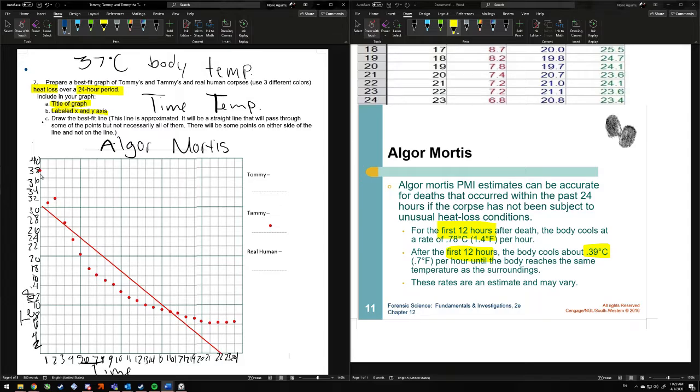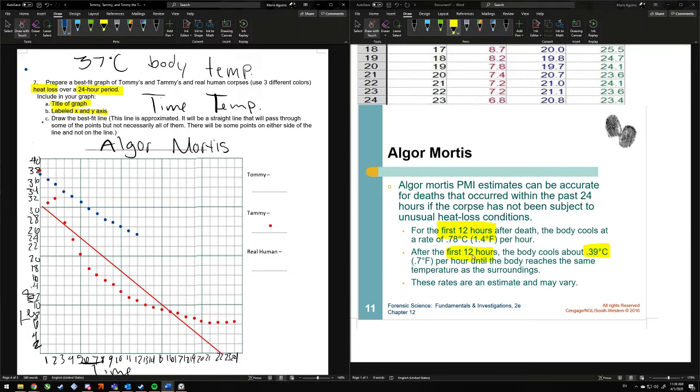Okay, so I'm going to start at 37. And for the first 12 of these lines, I'm going to subtract 0.78. So 37 minus 0.78, that's somewhere around here, and then here, and here, and so on. And that's the first 12.